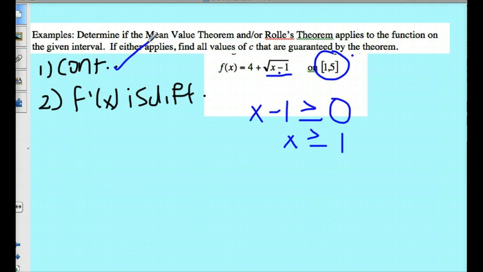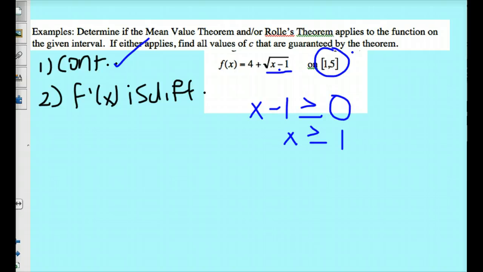F prime is differentiable means I need to find out if the derivative works at all the pieces in here. So we're going to take the derivative of the function right here. I notice f prime of x is equal to the derivative of 4, which is 0.